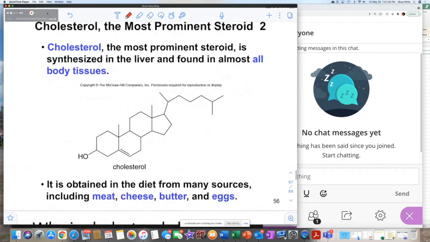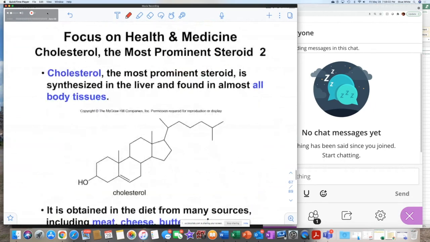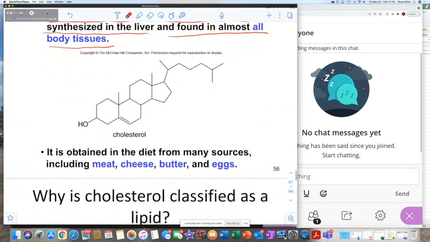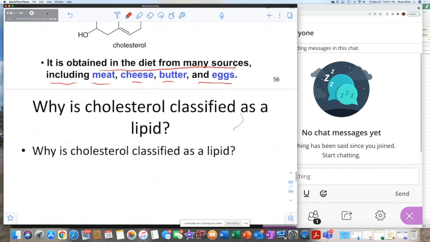We're now moving on to cholesterol. Hey, don't these look alike? Steroids, cholesterol? They're very similar. Cholesterol, the most prominent steroid, is synthesized in the liver and found in almost all body tissues. Okay? It is obtained in the diet from many sources, including meat, cheese, butter, and eggs. Why is cholesterol classified as a lipid?